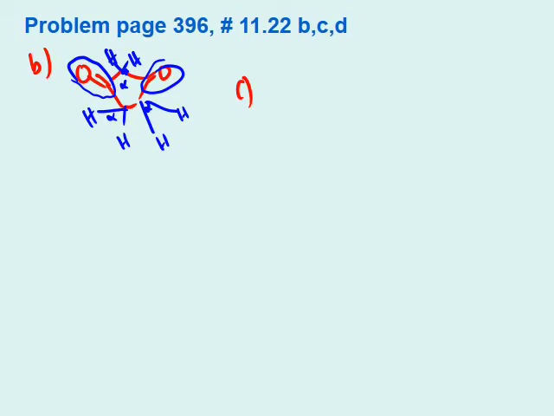So let me write down first the formula exactly that was shown in the book. CH2, then you have CH2, then C double bond O, C, then triple bond C, CH3.